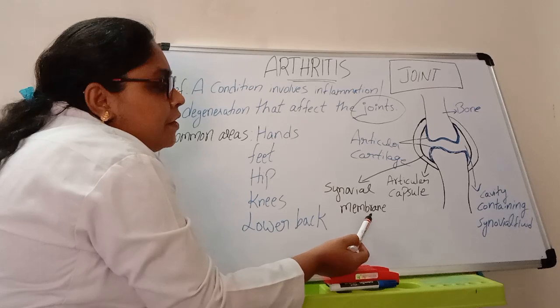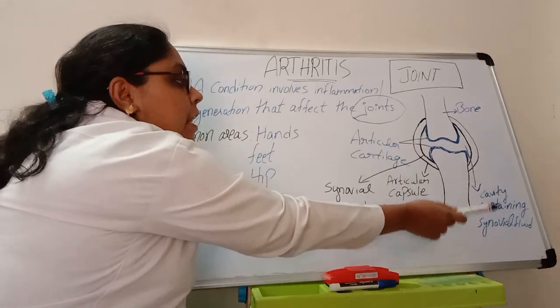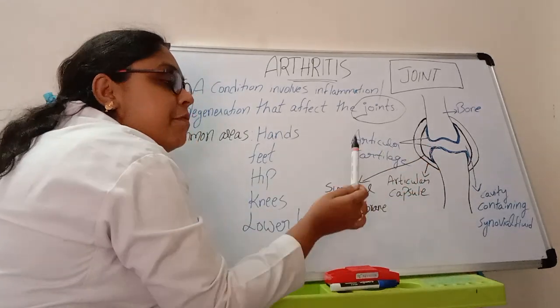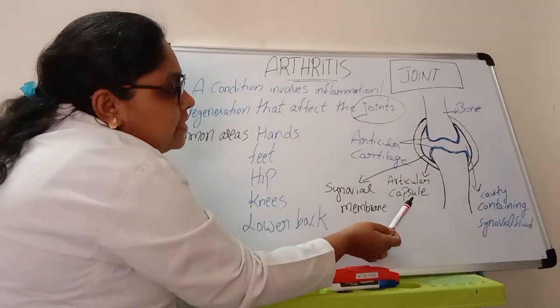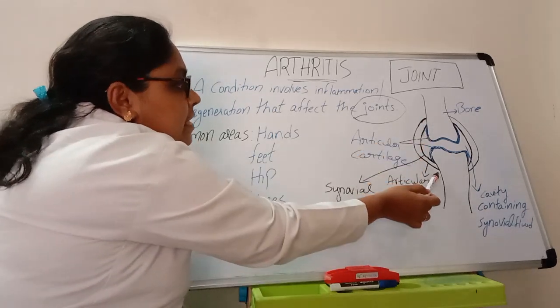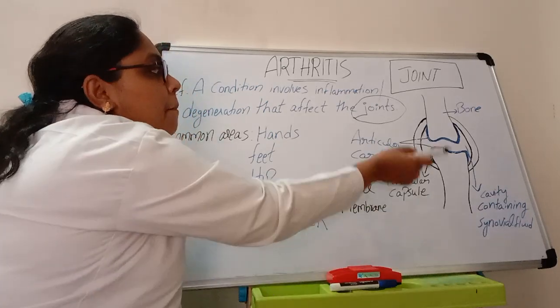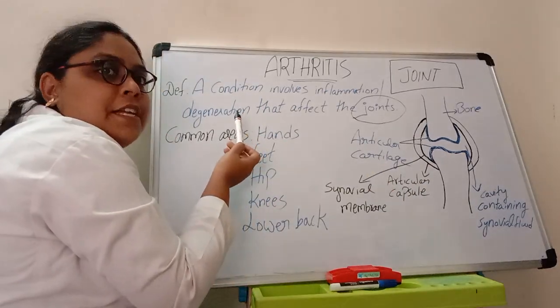What is the content of the synovial membrane? This cavity contains synovial fluid, and this synovial fluid prevents friction between the two bones. And you can see this upper part, it is the articular capsule. So these are the parts of this joint. Clear? So what happens in this condition?